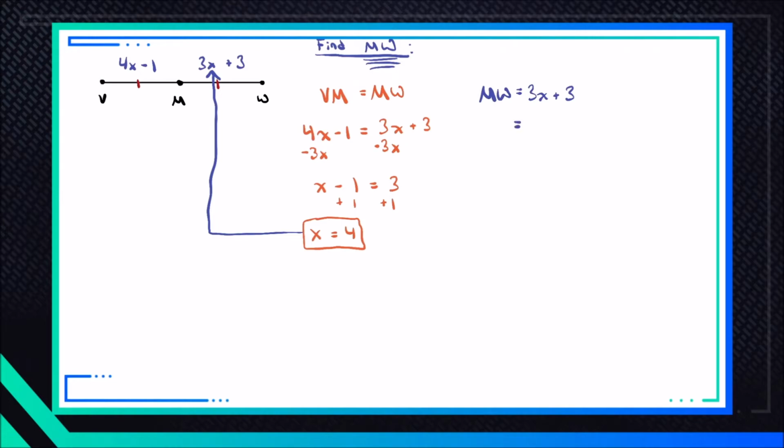And so we're going to plug in x is equal to 4 into that equation. So we're going to have 3 multiplied by 4, because that's what x is equal to, plus 3. And 3 times 4 is equal to 12, plus 3 is equal to 15. So MW is equal to 15 units.